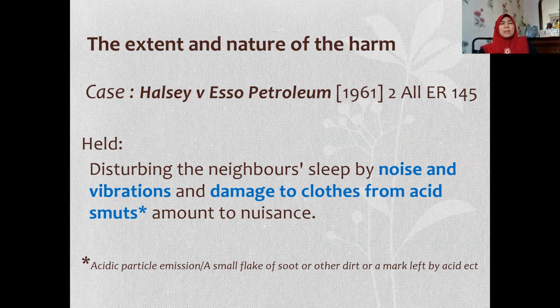So the court held that disturbing the neighbor's sleep by noise and vibration, and also damage to clothes. So there are 2 parts here. First, cannot sleep, and then later damage to the clothes from what? From acid smuts. So all this amounts to nuisance. So obviously it is substantial and it is something which is not reasonable, from the aspect of extent and nature of the harm.